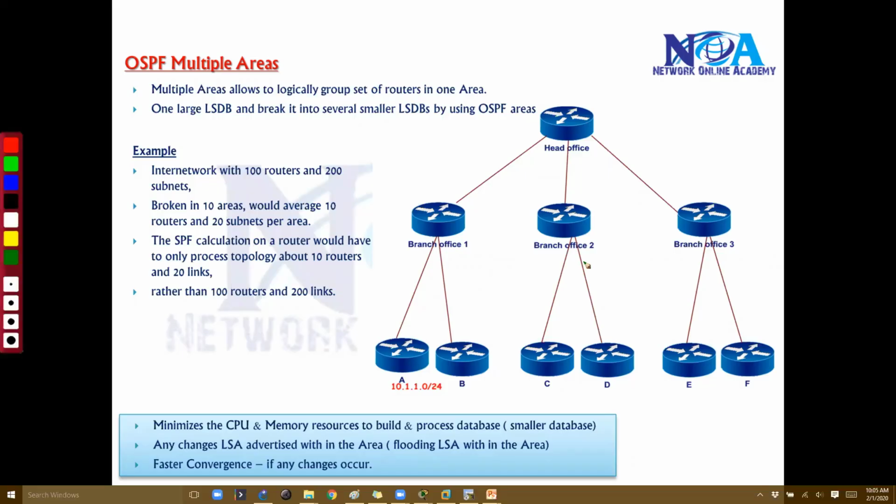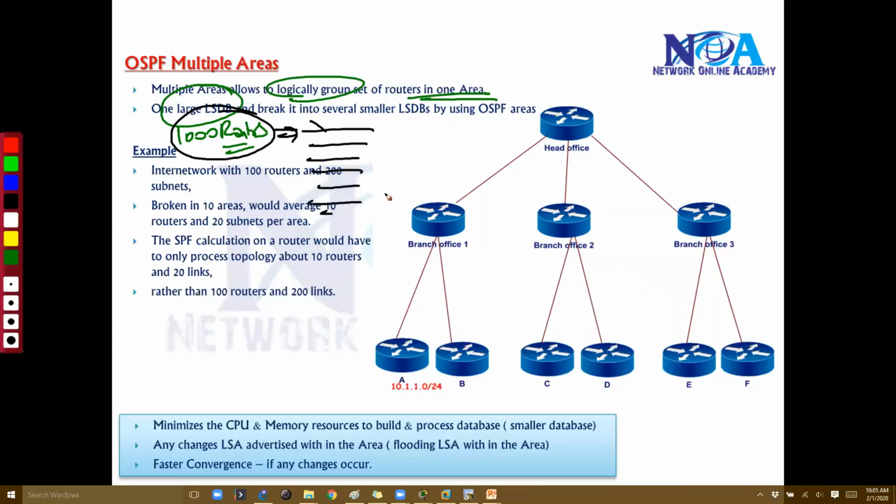So in areas, what we'll do is we logically group a set of routers in one area. This is just like we have a large database. You got some thousands of routers in your network, and you got a database for thousands of routers. So what you are doing is you are just dividing them into small groups.